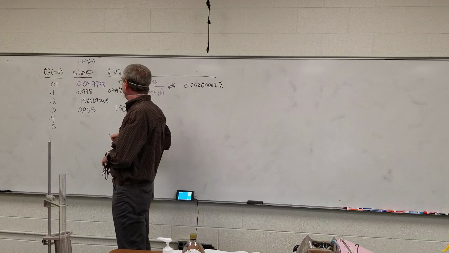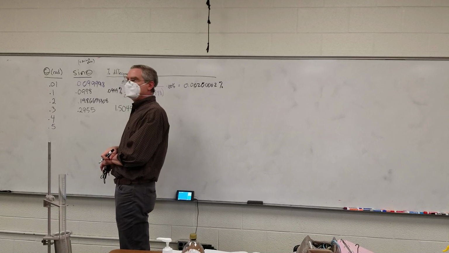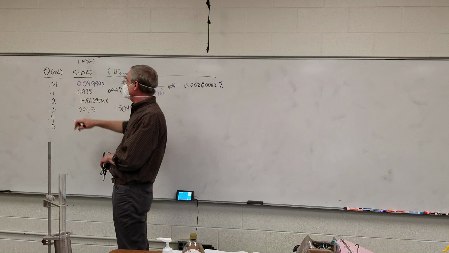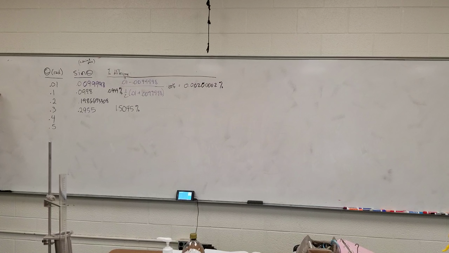I keep plugging it in and it gives me 2. Is it in radians? Well, the fact that you got sine of theta really close to 0.2. So the percent difference would be 0.2 minus 0.198669338 divided by the average of those two numbers, 0.2 plus 0.198669338.